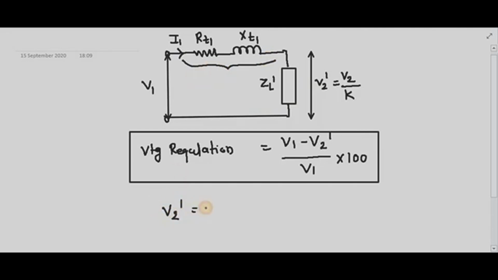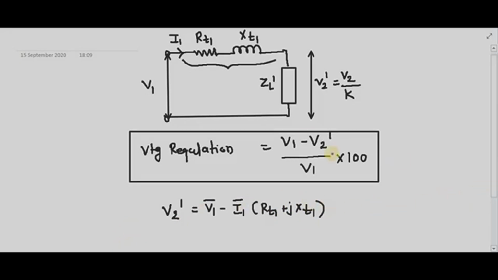My V2 dash becomes equal to the vector sum of V1 and the impedance drop. So I have to subtract the impedance drop from V1 so that I will get the terminal voltage V2 dash. Then I will subtract my V2 dash from V1 and express that with respect to the voltage on no load. Then I will get the regulation.